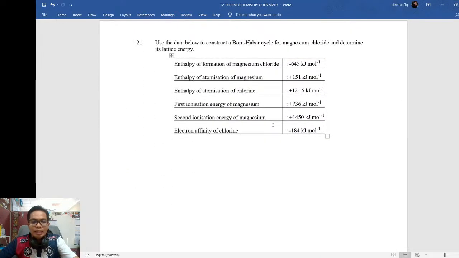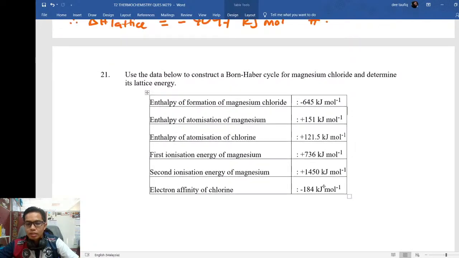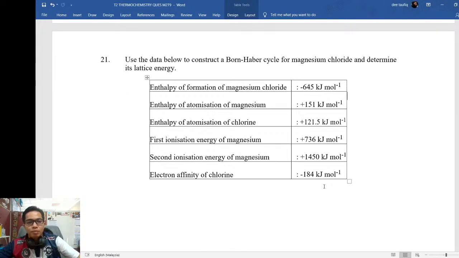Okay, number 21. Use the data below to construct Born-Haber cycle for magnesium chloride and determine its lattice energy. Again, determine its lattice energy. Born-Haber cycle for magnesium chloride. Okay, besarkan sikit.